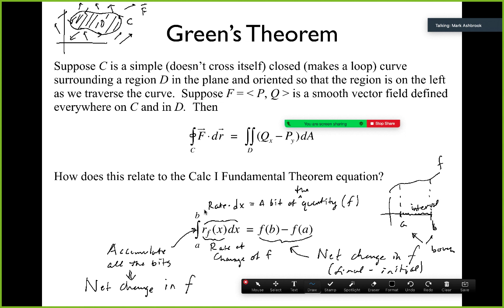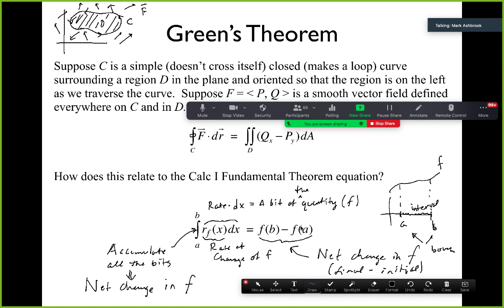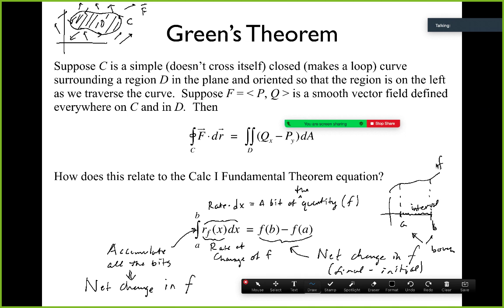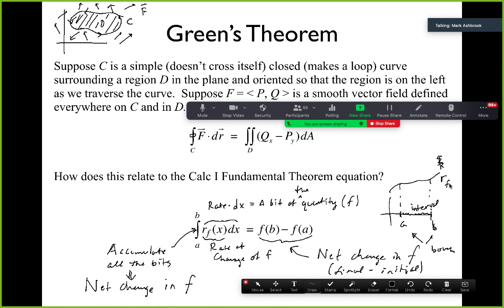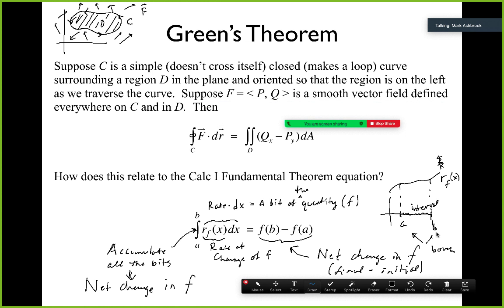So here we're traversing across the interval and we're adding up bits of change, starting at A and ending at B. Oh sorry, this would be the rate function, my fault. This is the rate function. Here we're just looking at the final amount at B, so all we care about here is what's happening at the boundary, the final value of the function at B minus the initial value of the function at A to get that net change.